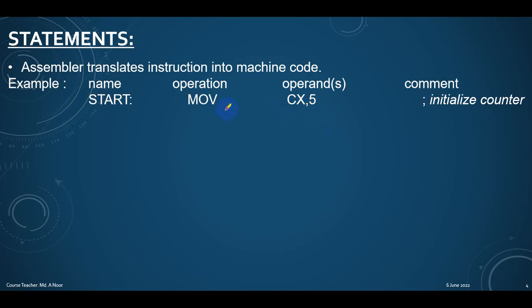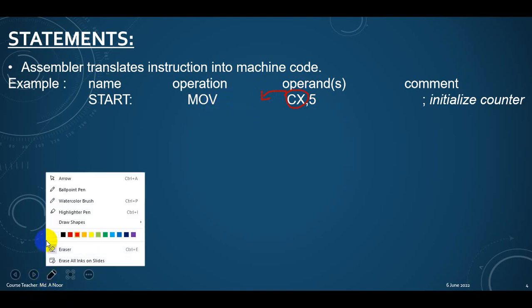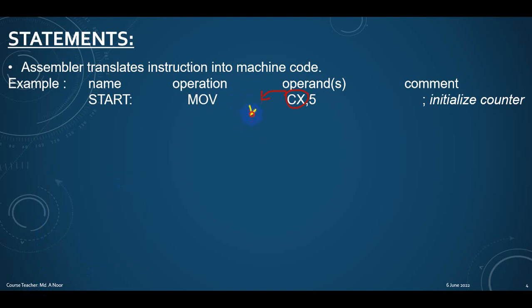Usually, when there are two operands, in most cases the first operand is called the destination. D for destination.